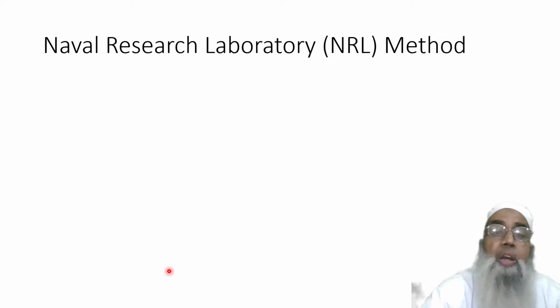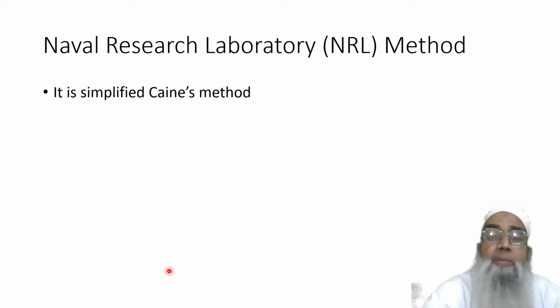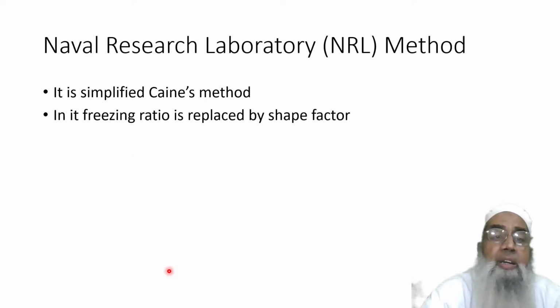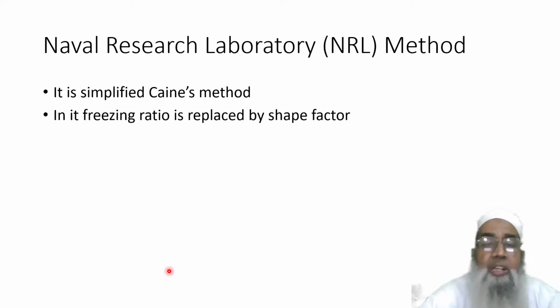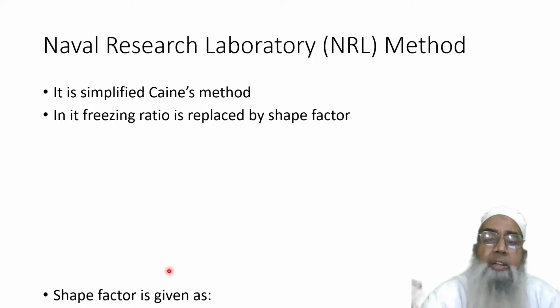Now this is further simplified by the Naval Research Laboratory. The freezing ratio calculation is very long, and when the size and shape of the casting is typical, it is very difficult, and therefore it is simplified by replacing the freezing ratio by shape factor.